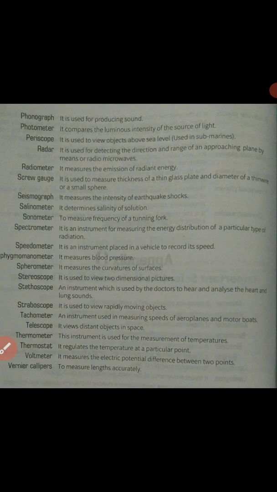Then tachometer. Tachometer is an instrument which is used in measuring speeds of aeroplanes and motor boats. Then telescope. Telescope is used to view distant objects in the space.